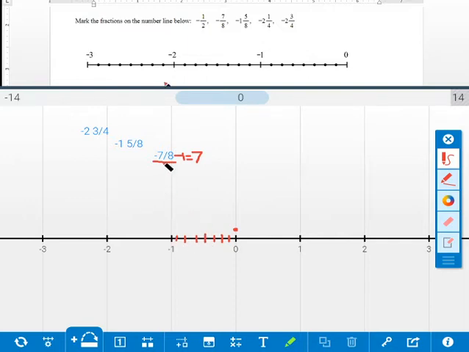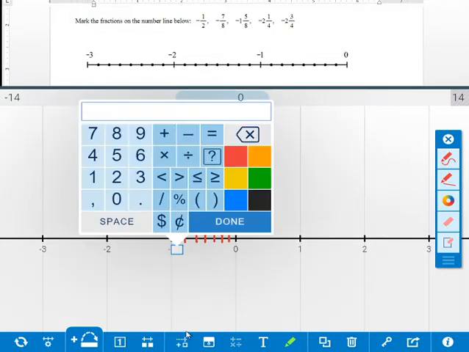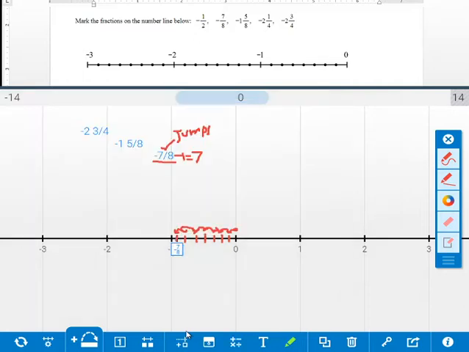The numerator says 7 jumps. So we'll be doing 7 jumps: first jump, second jump, third jump, fourth jump, fifth jump, sixth jump and then the 7th jump. The 7th jump is actually our position, so we can write it as minus 7 by 8. So this is our desired location.